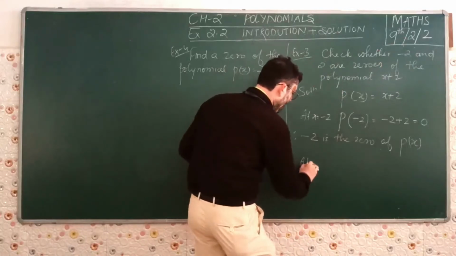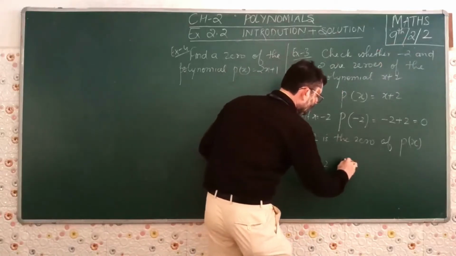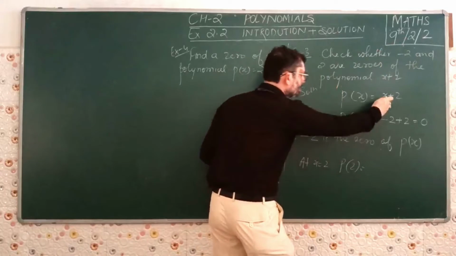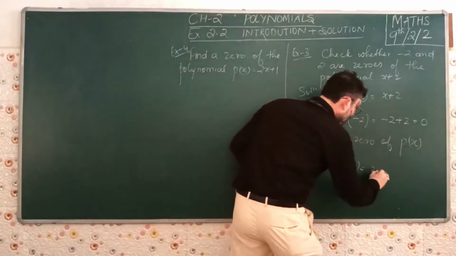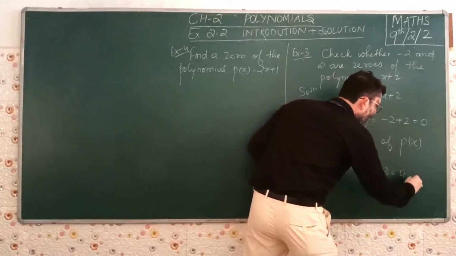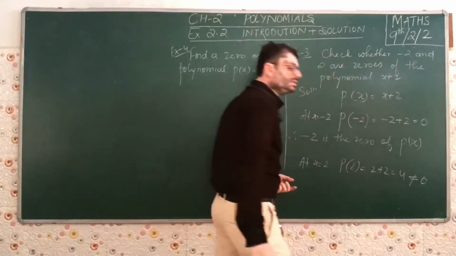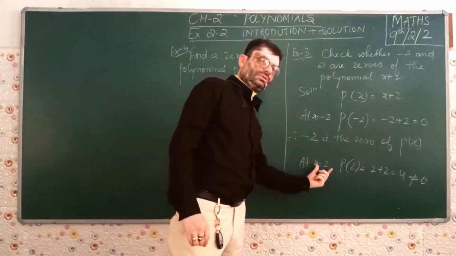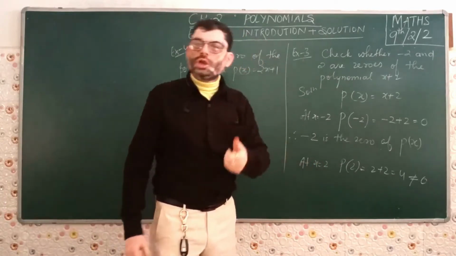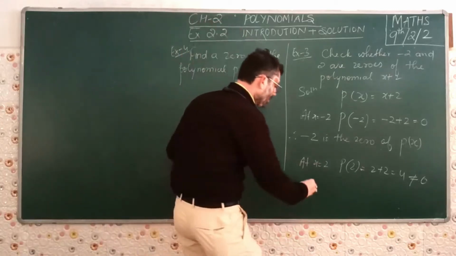That means at x equal to 2, p of 2 is, if you substitute the value for x to be 2, now we have 2 plus 2 and that is equal to 4, which is not equal to 0. If it is not equal to 0, that means x equal to 2 is not the zero of the polynomial p of x.